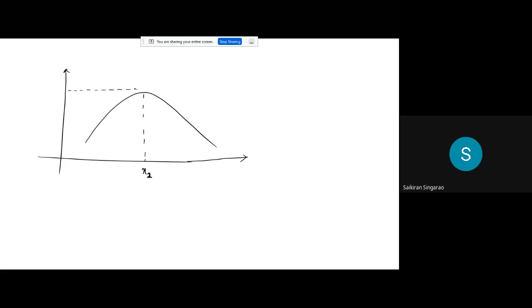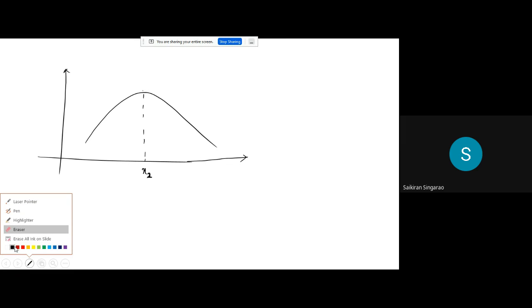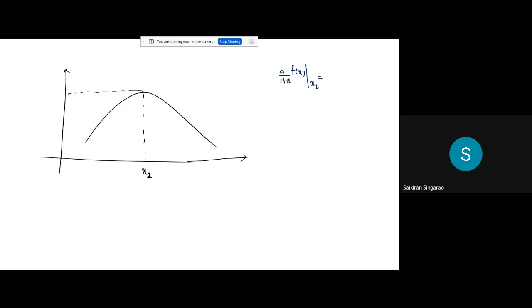Can anyone tell me the slope at x2? Come on, sir. The slope is 0. So if I do d by dx of f of x at x2, what I'm going to get? 0. Why? Because a flat, horizontal line will come.